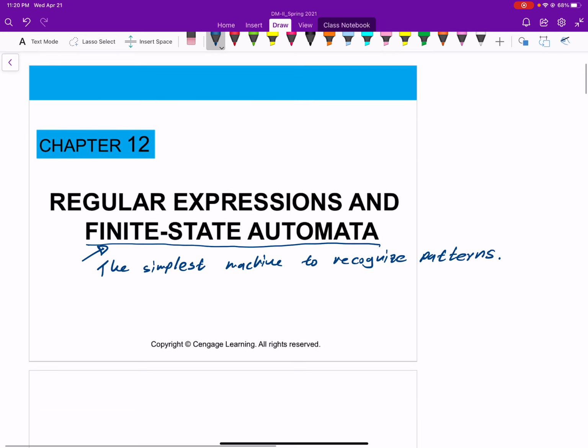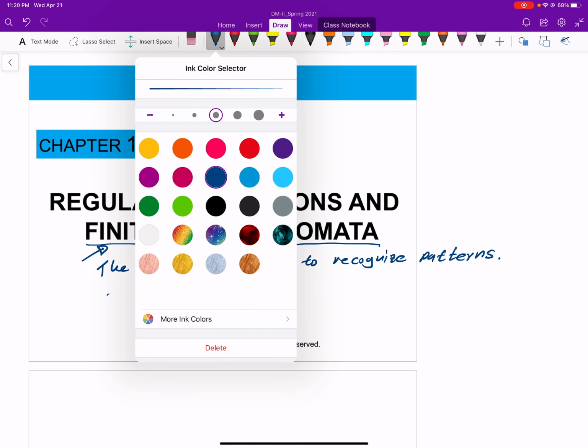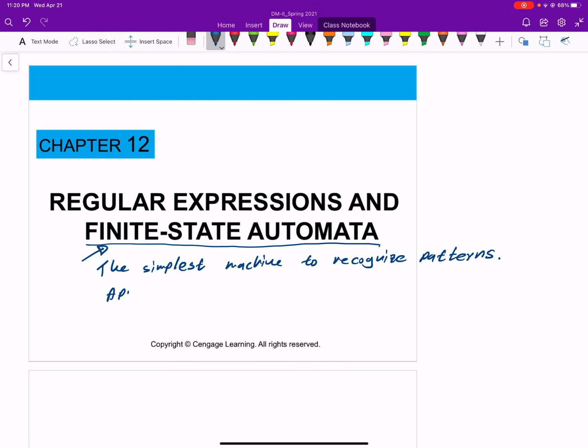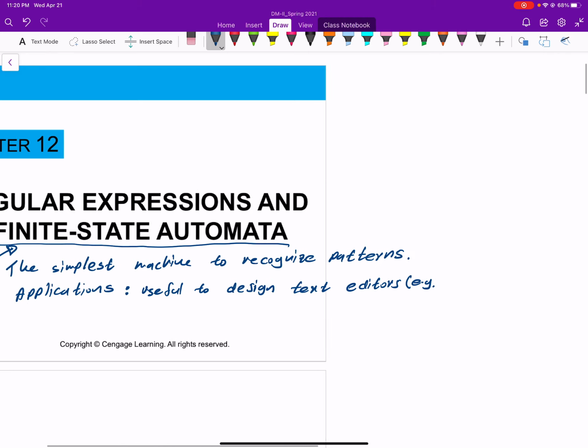All right, the applications are: these are useful to design text editors. As an example, grammar checker.